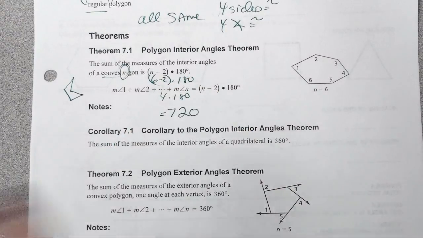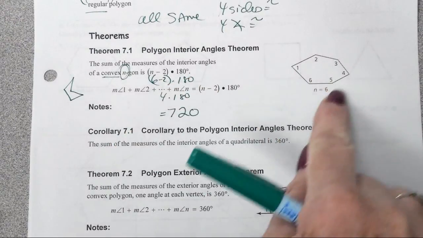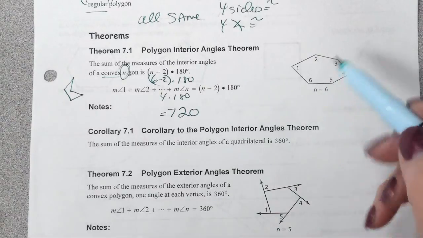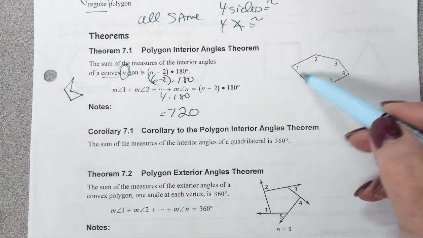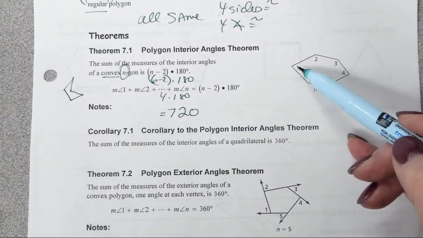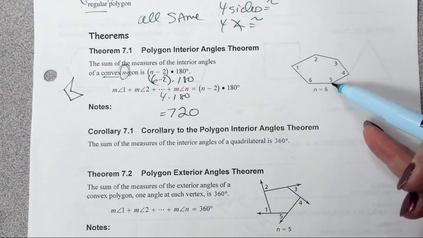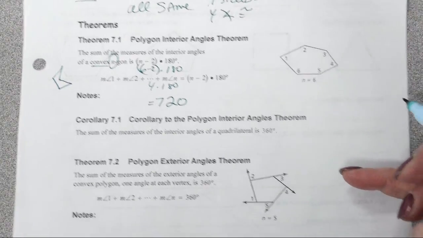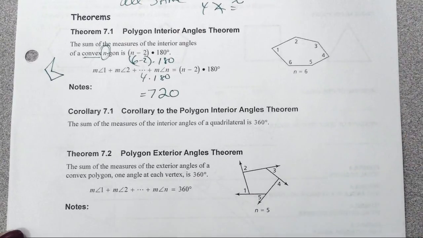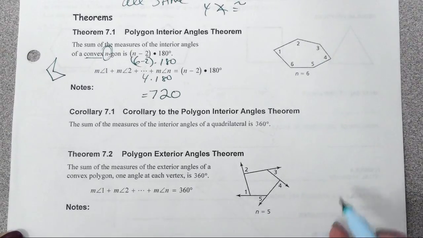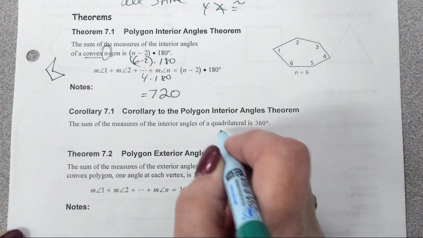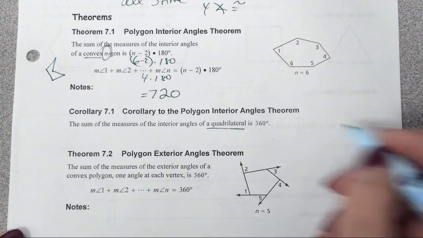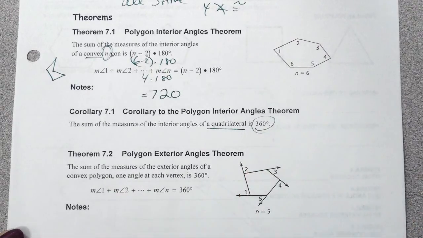So that means that for a hexagon, for a 6-sided figure, all of these angles should add up to 720. In this picture, you can see some of them are acute, some of them are obtuse, but no matter what, they have to add up to 720. And then a little while later, we'll look at a regular hexagon and check that out. Something that you definitely already know, a quadrilateral has 360 degrees. You knew that before you came in here.